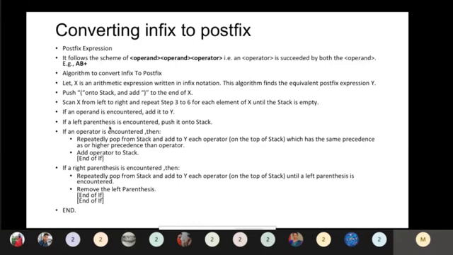We have one stack, and another for the output, and we apply all the rules on the stack. The same procedure repeats again and again until the null character is obtained.